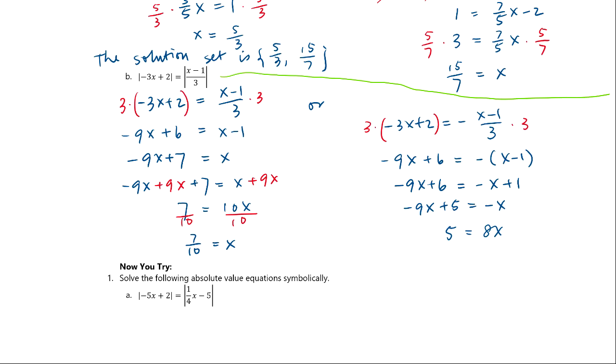And to get x by itself, go ahead and divide by 8. We are going to get 5/8 being the solution over here. And therefore, we can say the solution set is 7/10, comma 5/8. And that's how we can go ahead and solve this type of equation.